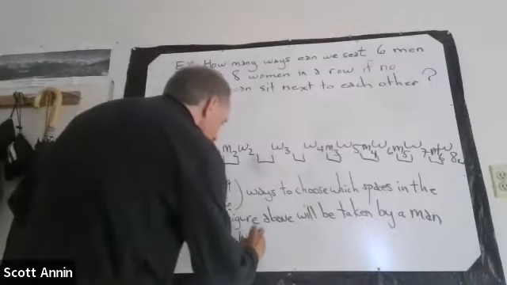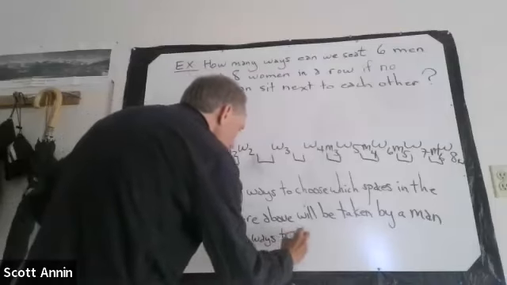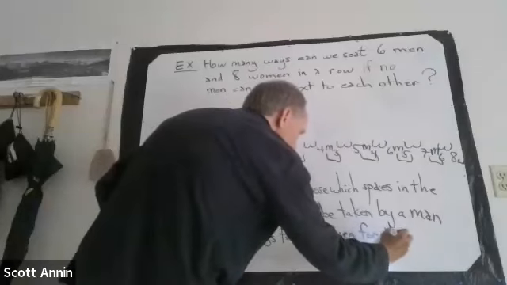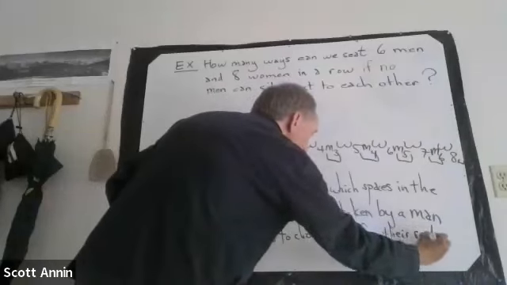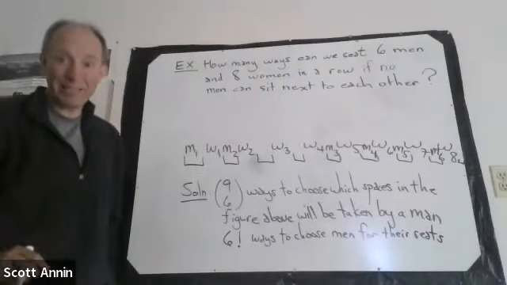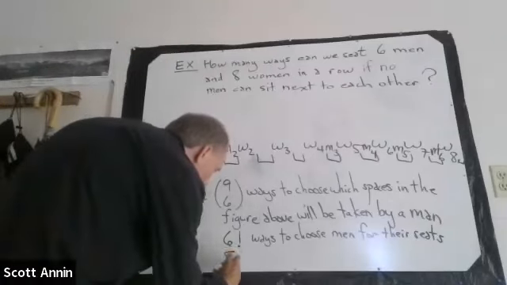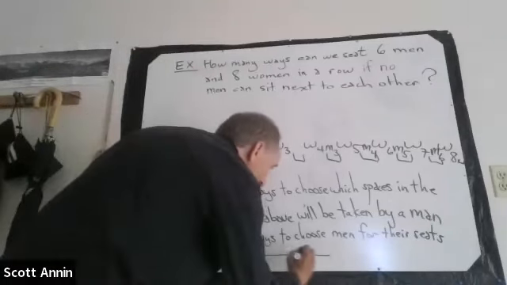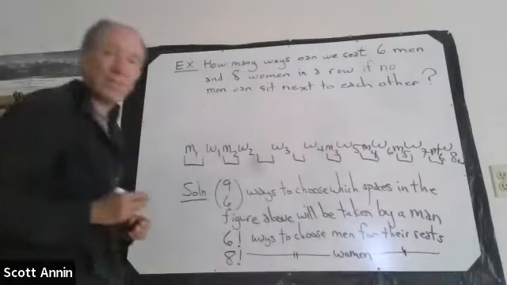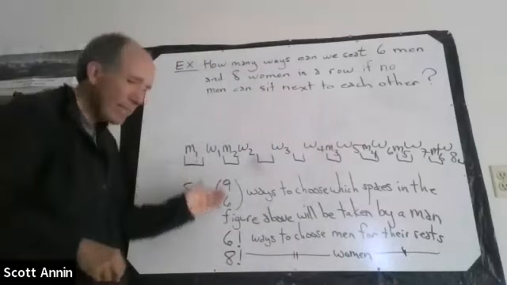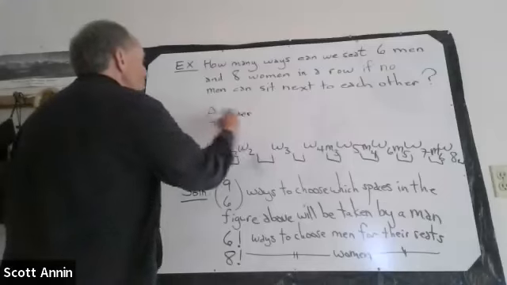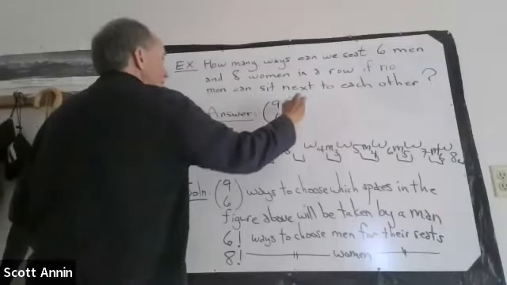Which seats they're going to have has already been decided, but now we have to actually put those men in those seats. And then we, of course, have to do the same thing with the women: 8 factorial ways to choose the women for their seats. And we have 3 subtasks here that lead us by the multiplication principle to the final answer.